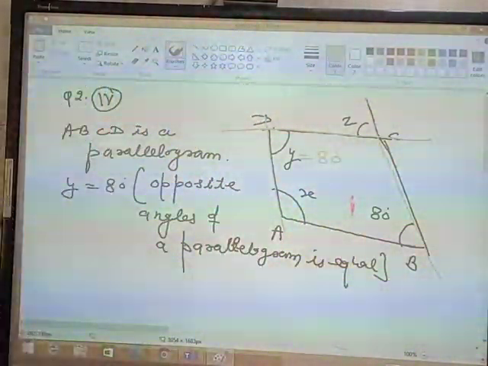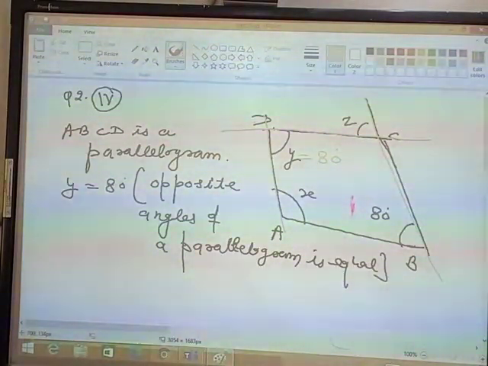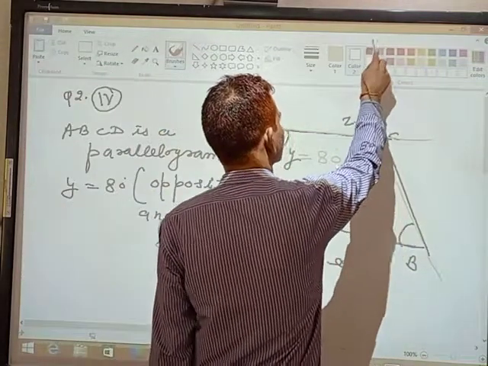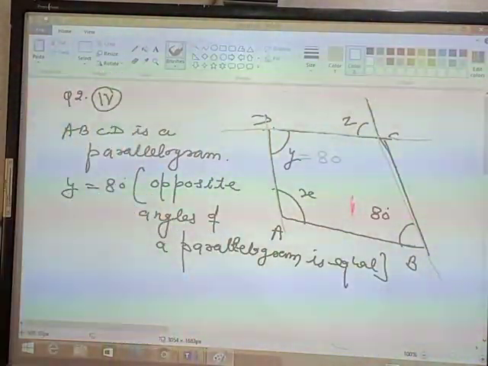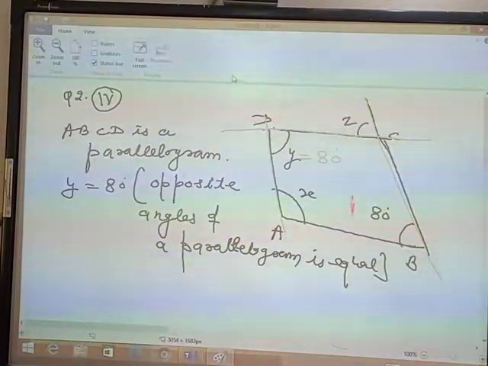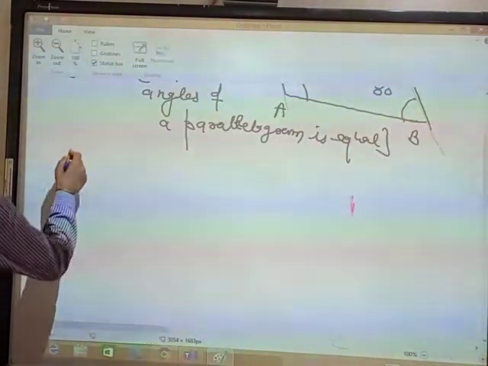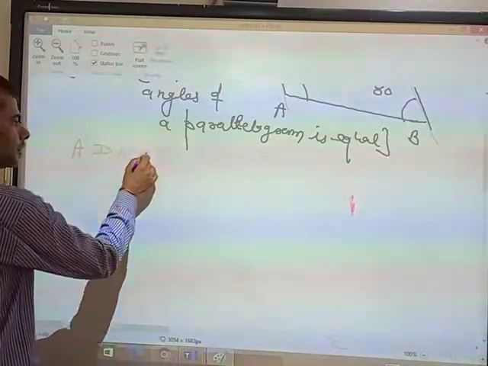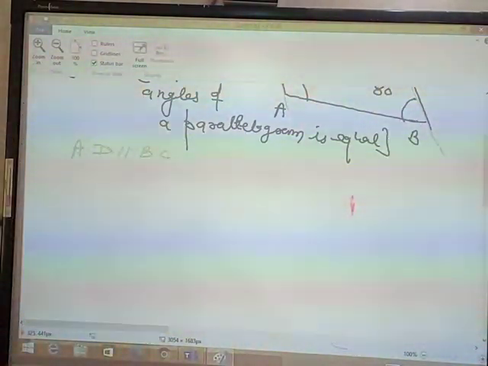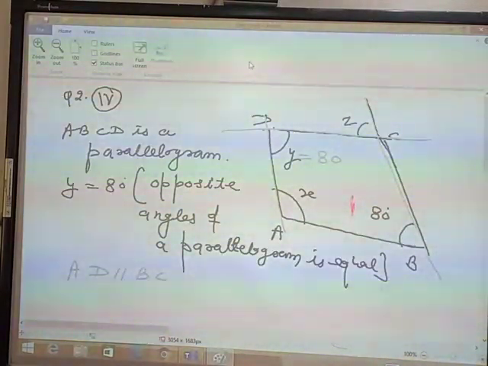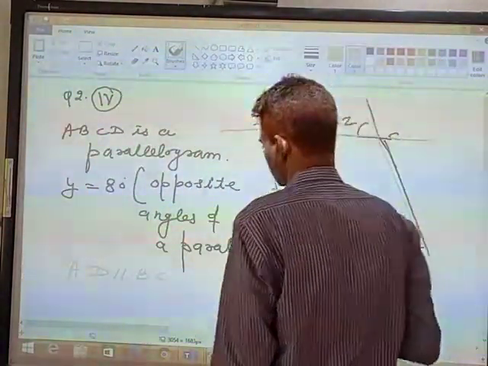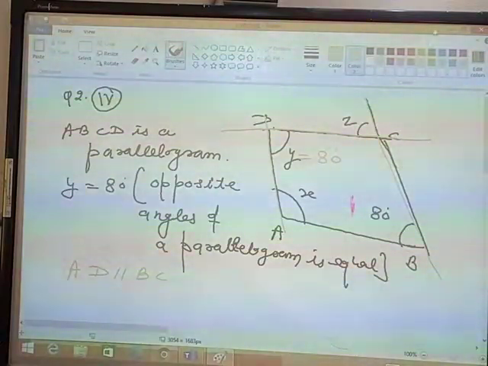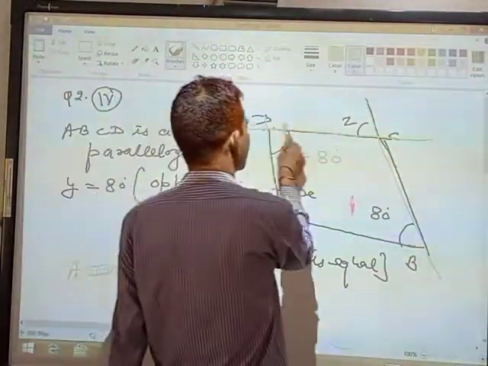Now, students, AD is parallel to BC and BC is a transversal.